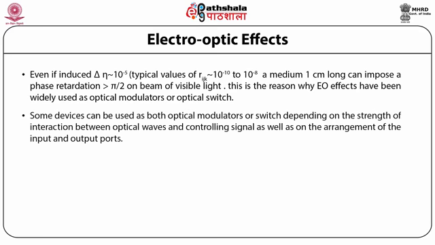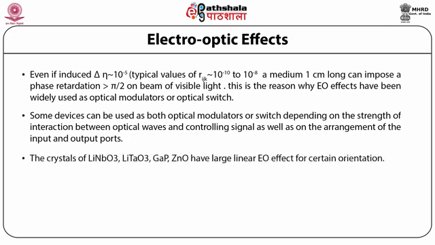Some devices can be used as optical modulators or switches depending on the strength of interaction between optical waves and the controlling signal, as well as on the arrangement of the input and output ports. So the crystals of lithium niobate, lithium tantalate, gallium phosphide, zinc oxide have large linear EO effect for certain orientation.